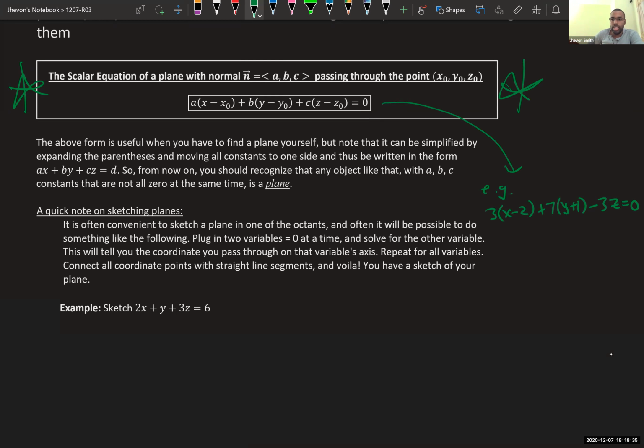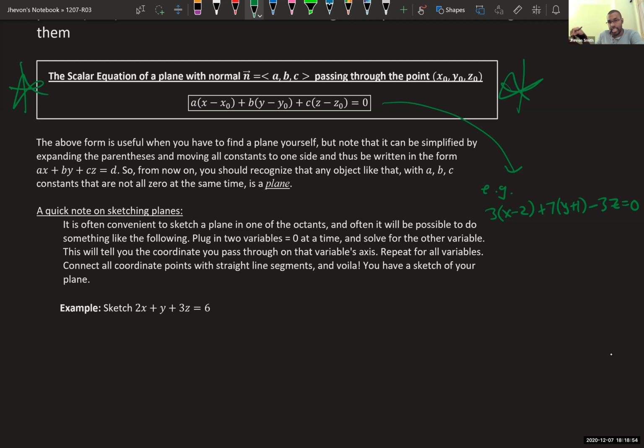Anything that pretty much looks linear from your intuition from single variable mathematics is going to be a plane when you go into 3D or higher. So the power of all the variables is only 1. They have constant coefficients, not all 0.